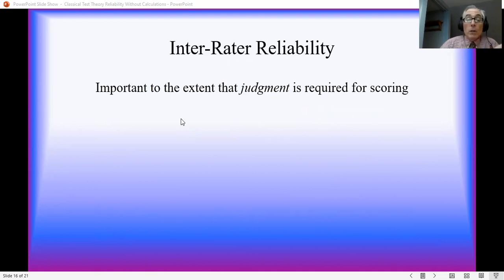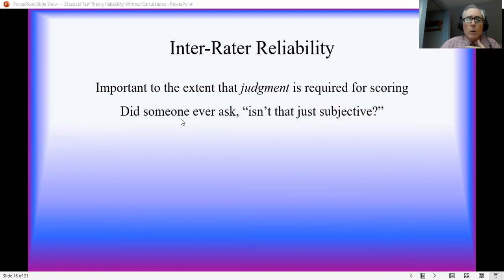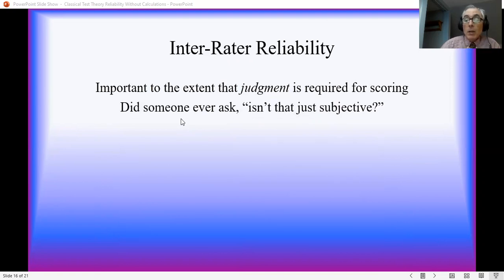So it's utterly irrelevant on multiple choice tests or on self-report personality questionnaires where there's a simple answer key, but it's relevant on anything where you as the scorer have to pause and think, how much credit do I give that response?